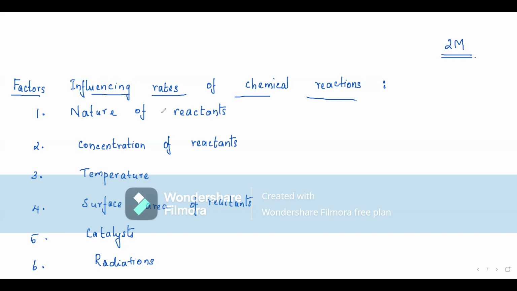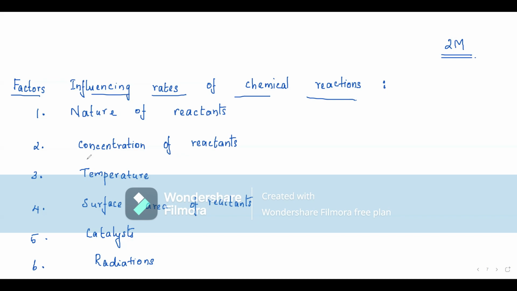Organic reactants are covalent compounds, so they need time to break the covalent bond and then get into a reaction or form something new. In ionic reactions, it was a very simple mutual exchange of ions, whereas in covalent reactions, you need to give it some time to break the existing bond and react to form the new product.